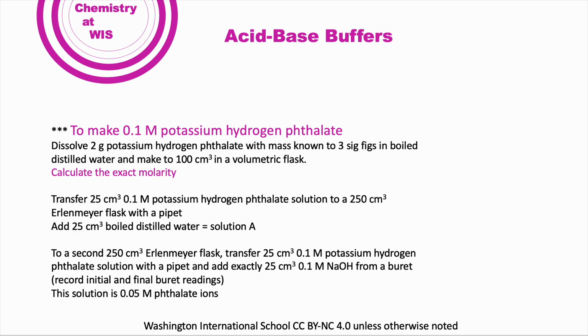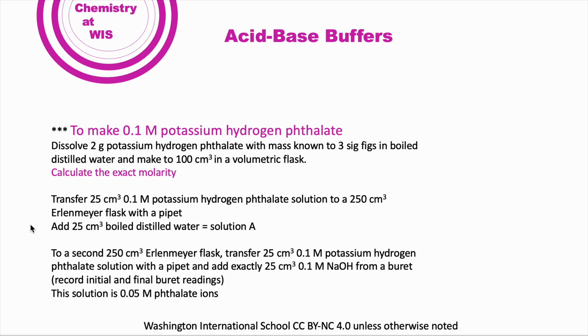So about 2 grams of potassium hydrogen phthalate, but know the exact mass to 3 significant figures and dissolve it in the boiled distilled water and make it up to 100 centimeter cubed, so you can calculate the exact molarity. And you transfer this to an erlenmeyer flask, and you add some boiled distilled water and call it solution A.